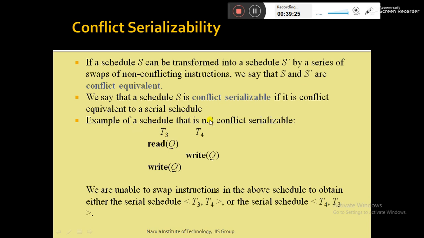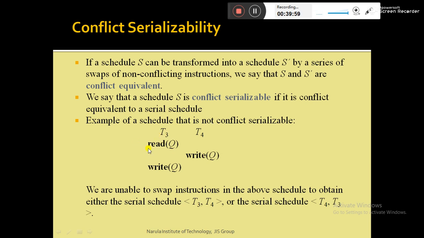Meaning a concurrent schedule S is given, then by swapping the non-conflicting instructions, suppose we get another schedule S prime, and if that schedule S prime is a serial schedule, then we can say that schedule S is conflict serializable. And if a schedule S is conflict serializable, then we can say that schedule S is going to preserve the database consistency.